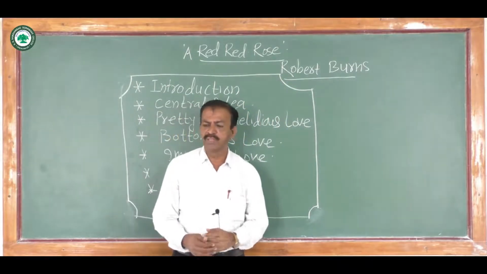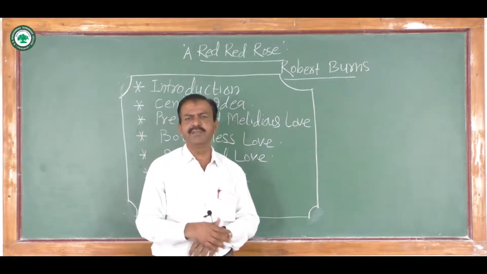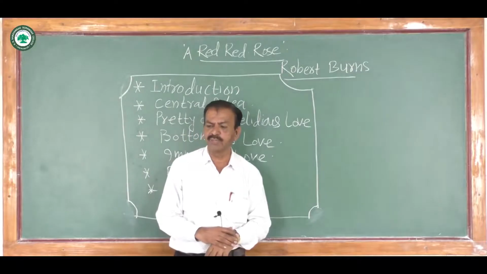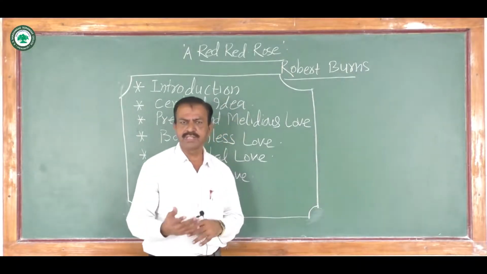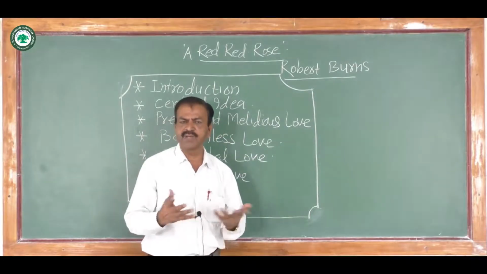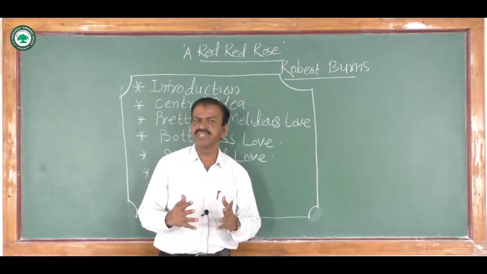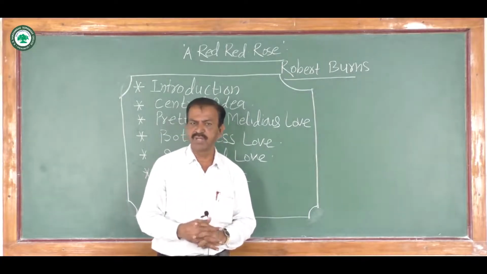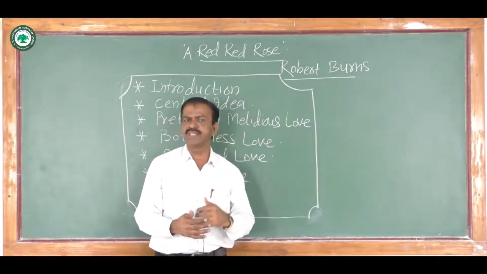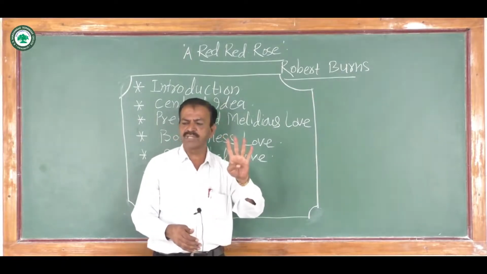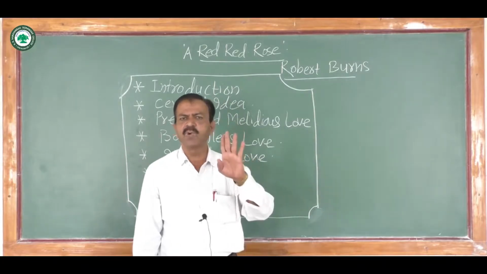We have visual or natural imageries used in the poem, that is the seas, rocks, the sun, the sands of life, etc. So different imageries are used in this poem. When we study the structure of this poem, we notice that there are four stanzas and each stanza consists of four lines.